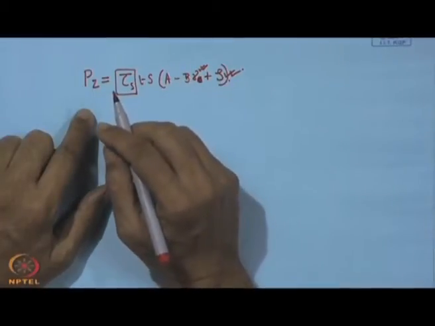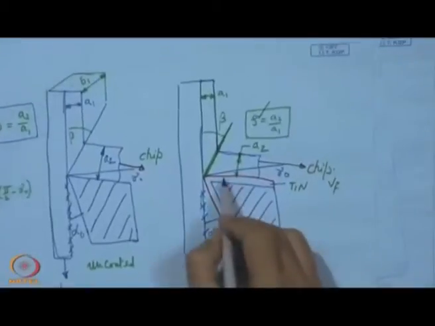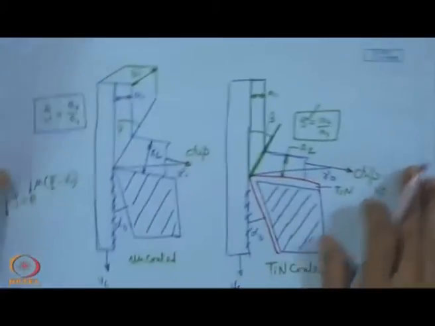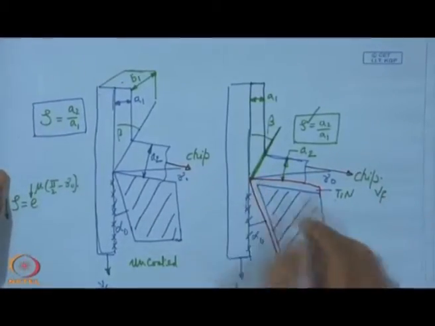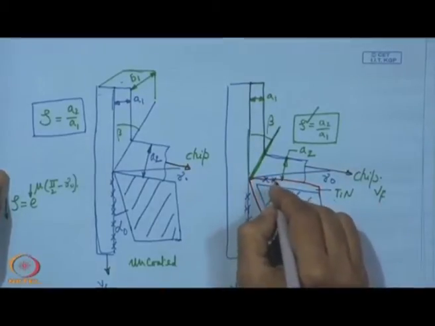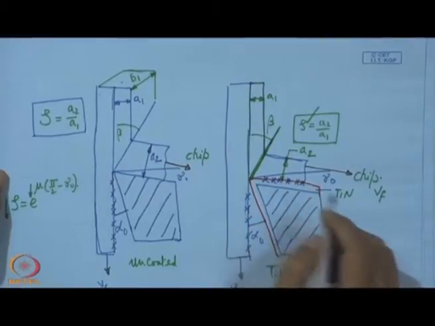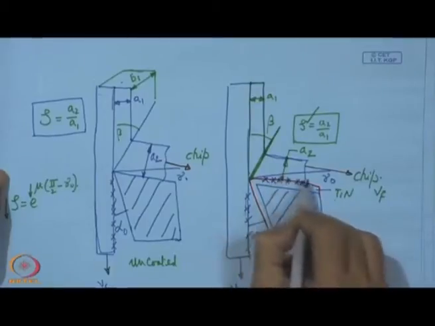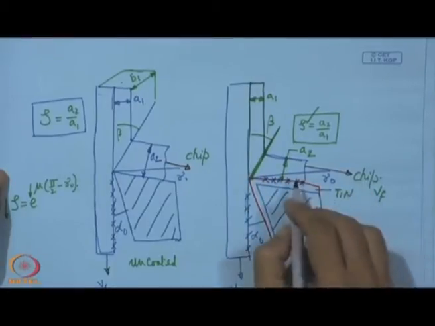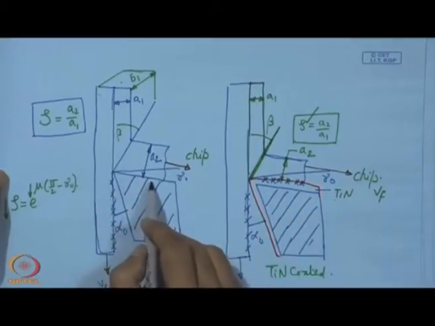Also, looking at this diagram that we have shown just now, in this zone, if we lower the friction, then the friction force, that means the drag force necessary for moving the chip in this direction, will also be reduced in comparison to what we expect here. It is because of the coating.